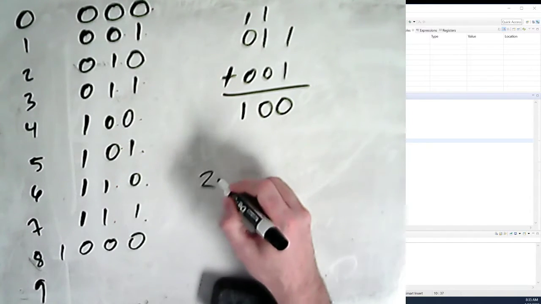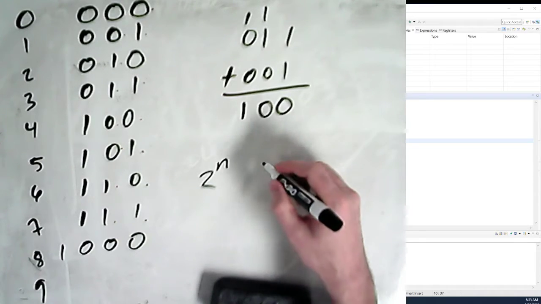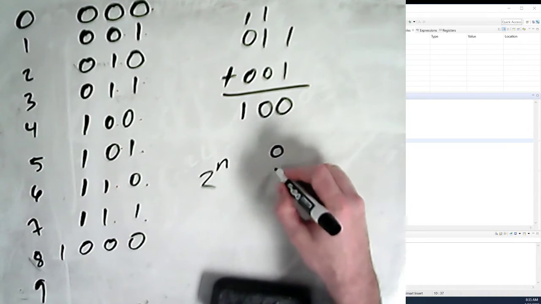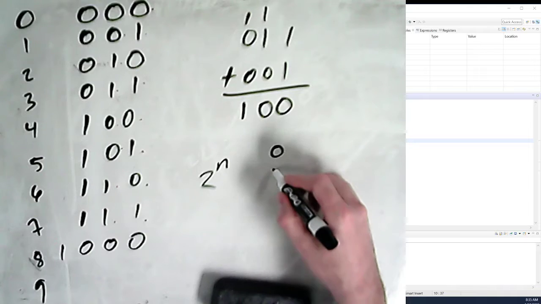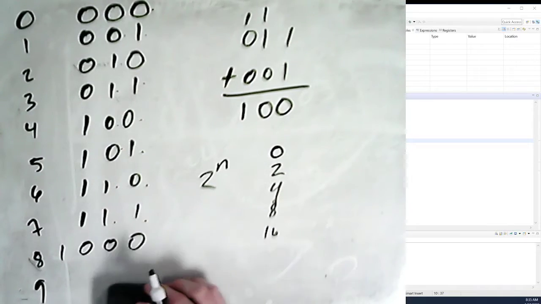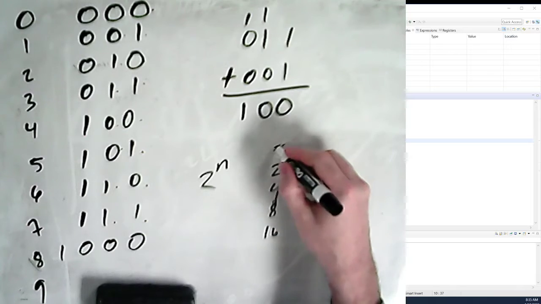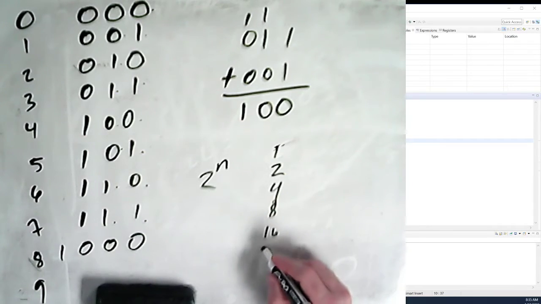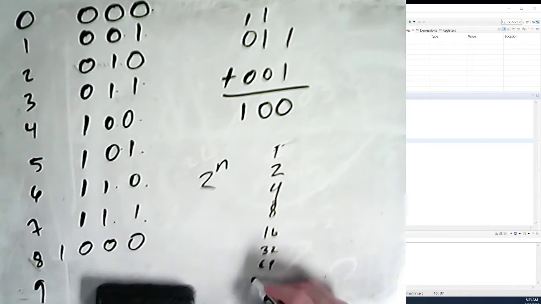Those are all powers of 2. You can do the powers of 2. I guess it would start off at 1, right? 1, 2, 4, 8, 16, 32, 64, 128.